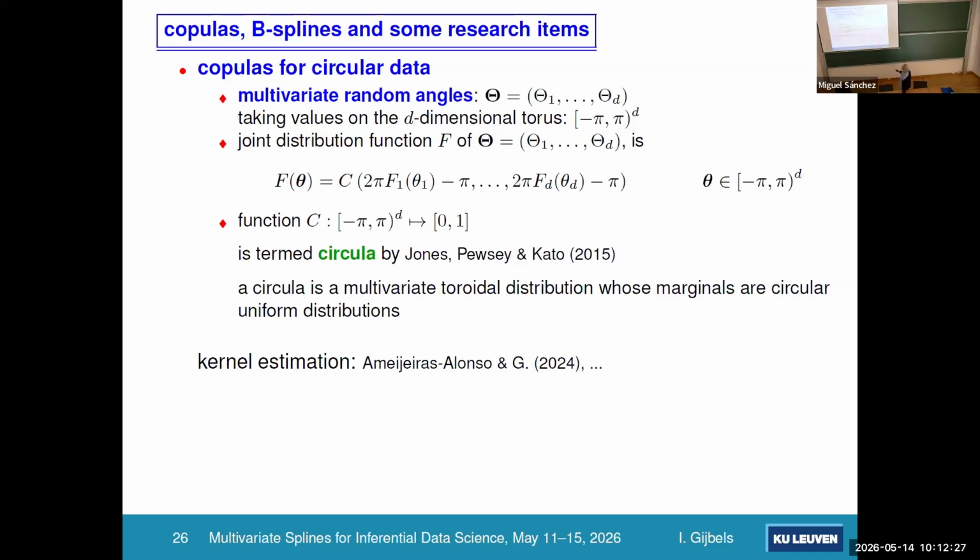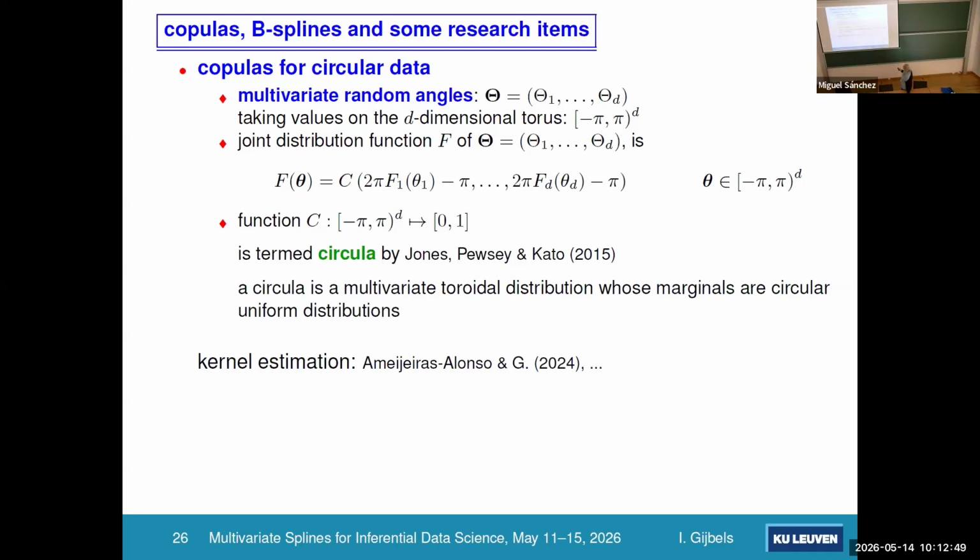Now, when you have data on a circle, call it angles, θ1 to θd, you want to know what's the dependence structure between these. What's the dependence structure between the orientation of the wind and, for example, the position of a wind farm somewhere? You can think of it like that.